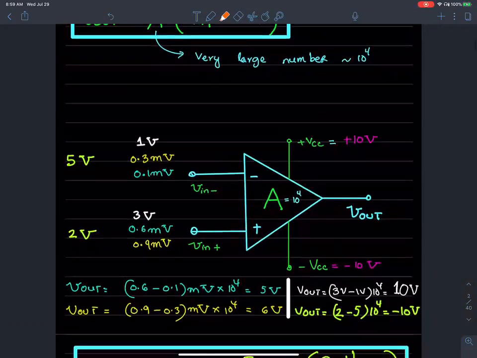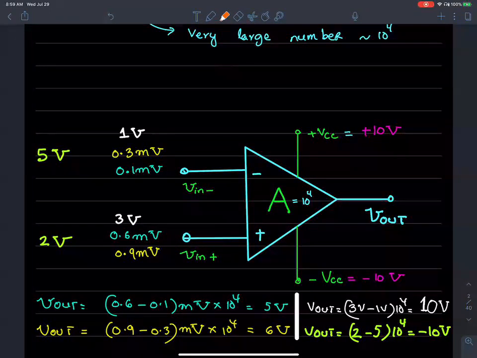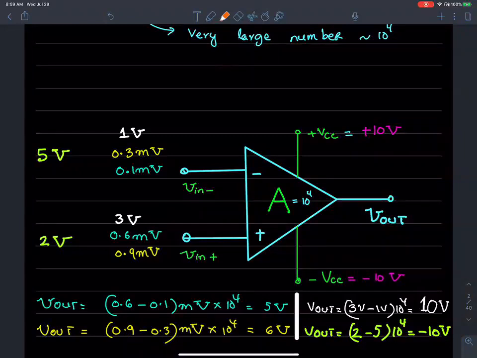Okay, and then we looked at some examples, plugging in different numbers. What happens when these values are different numbers? So you know the output. One important characteristic is that the output maximum or the ceiling is set by the VCC, and the output minimum or the floor is set by negative VCC.